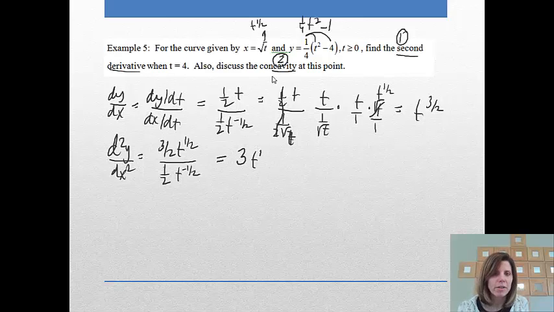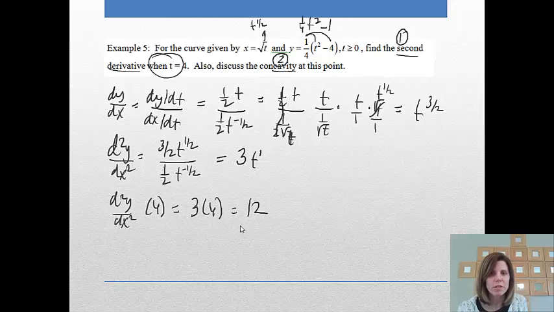And then it also said to discuss the concavity at this point. So the second derivative, it says find second derivative at 4. At 4 is going to be 3 times 4, which will be 12. Okay, so we found the second derivative, and then it says to discuss the concavity.